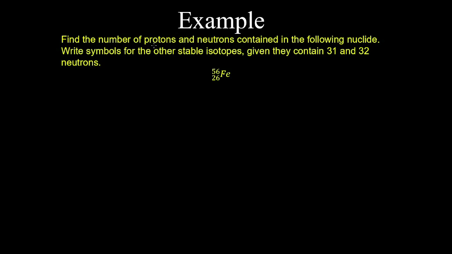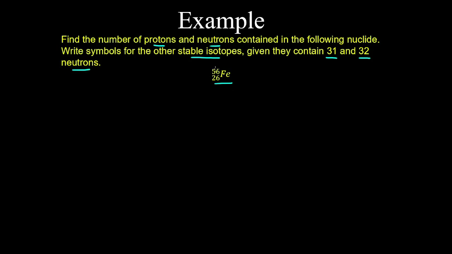Find the number of protons and neutrons contained in the following nuclide, and also write symbols for the other stable isotopes, given they contain 31 and 32 neutrons.